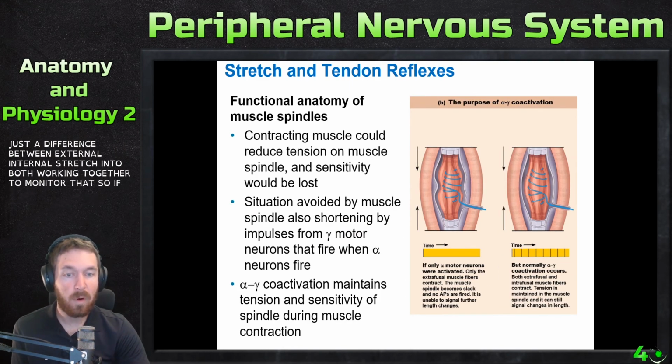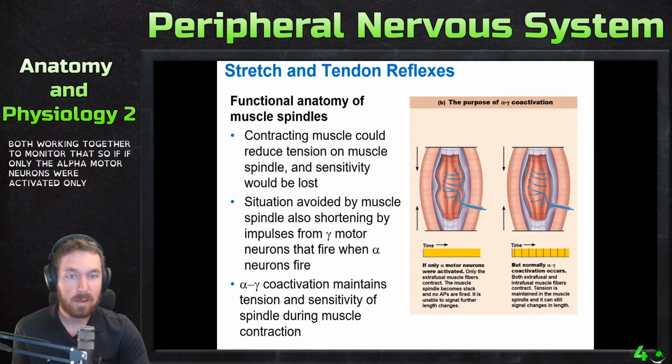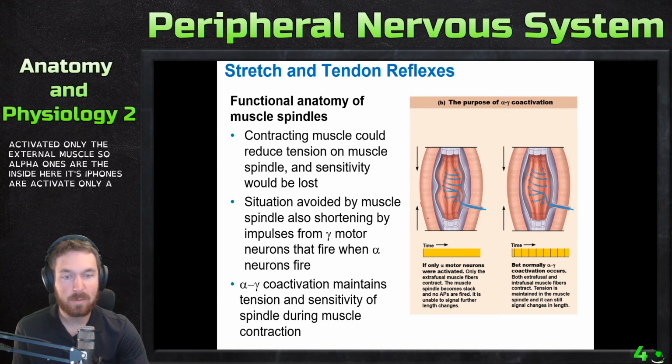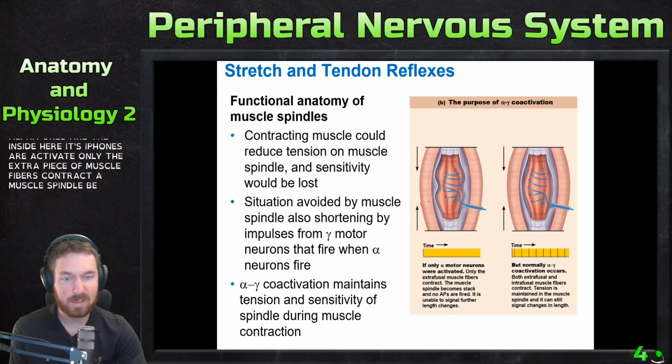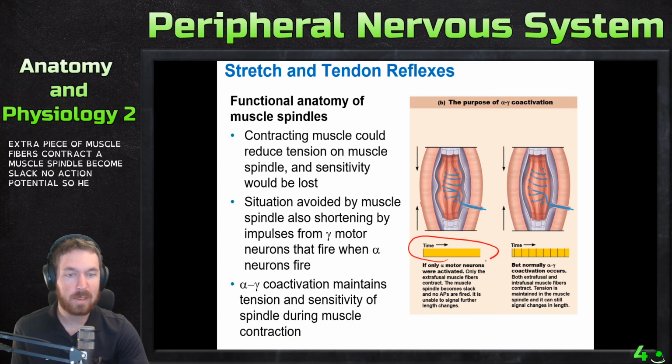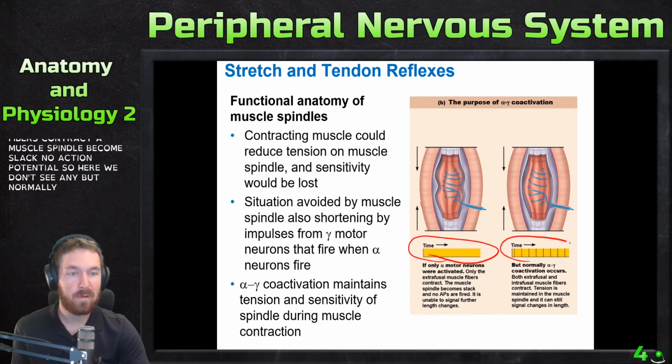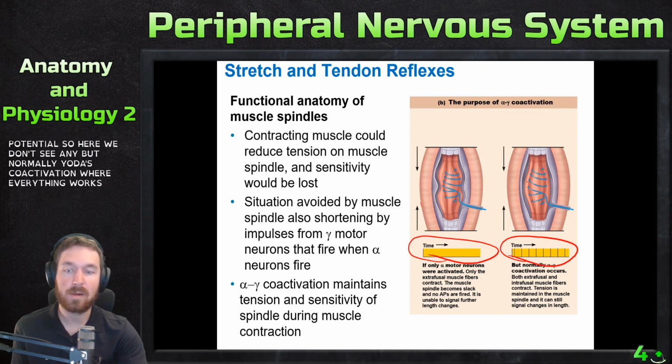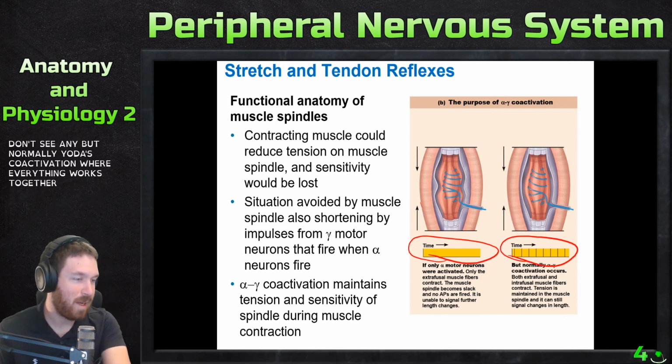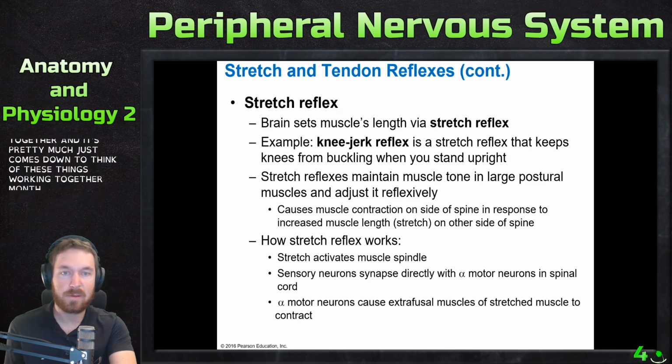If only the alpha motor neurons were activated, only the extrafusal muscle fibers contract, the muscle spindle becomes slack, no action potential. So here we don't see any. But normally you have this co-activation where everything works together. Think of these things working together, monitoring the stretch.